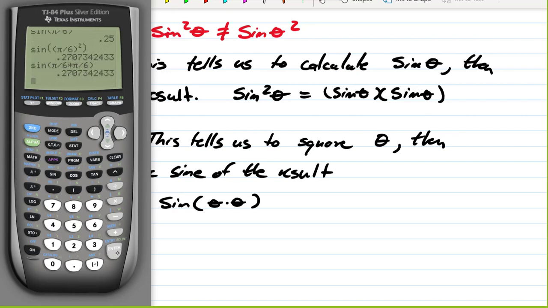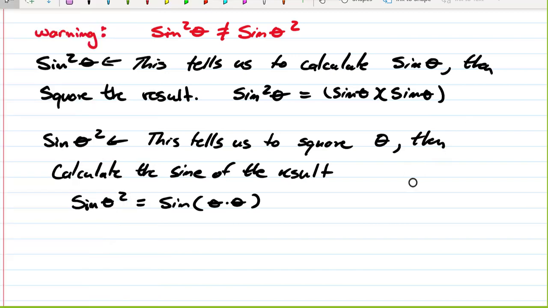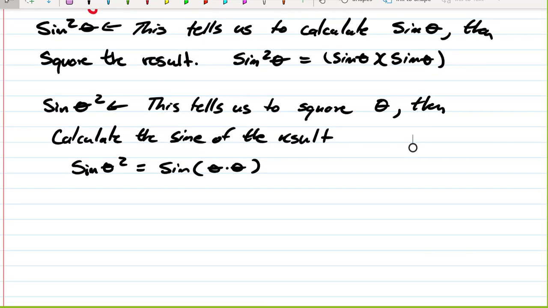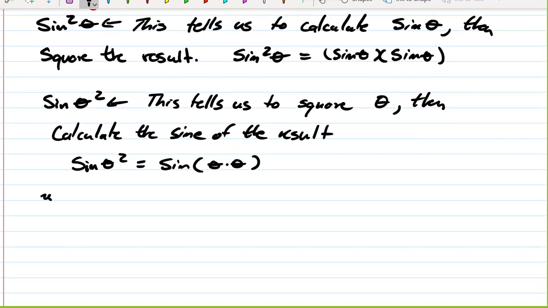And we'll get that same value. So we have to be just a little bit careful as we're putting these things into our calculators and reading this.